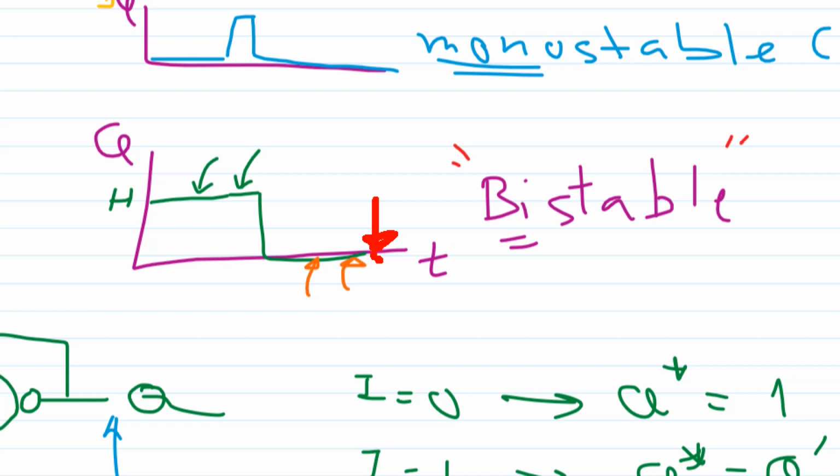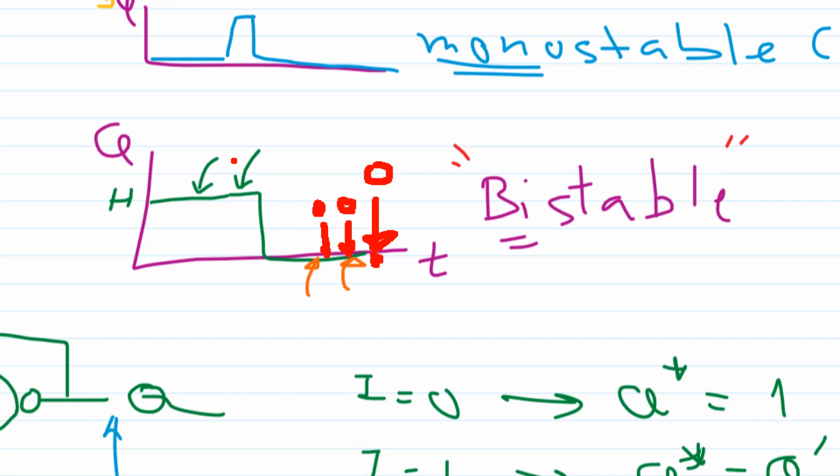If you know the present value is low or zero, that means you know the previous one was also zero.